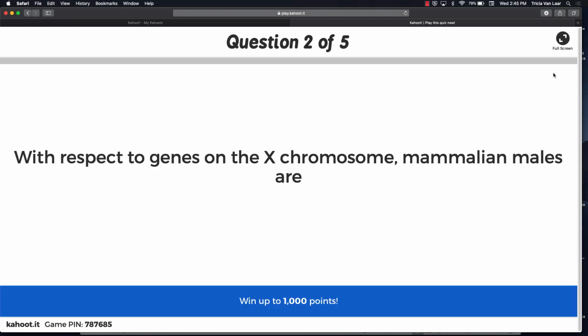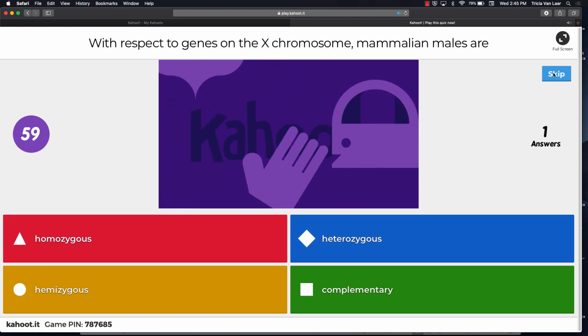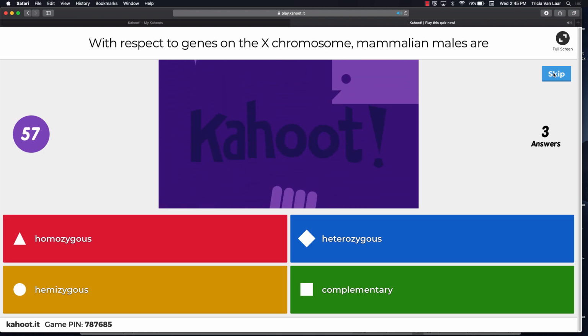All right. With respect to genes on the X chromosome, mammalian males are homozygous, heterozygous, hemizygous, or complementary.